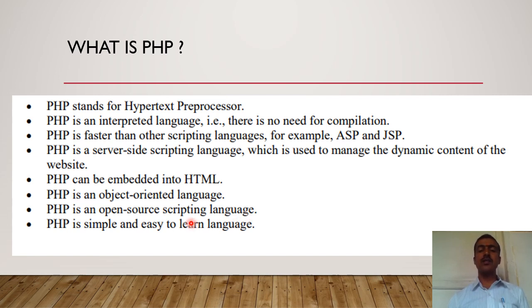There is no license to purchase for any PHP version. And the last point is that PHP is a simple and easy to learn language. So these are some points regarding PHP.